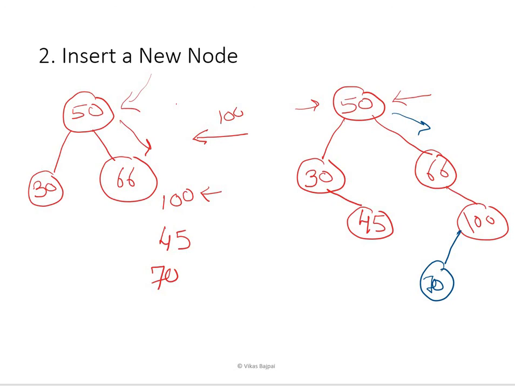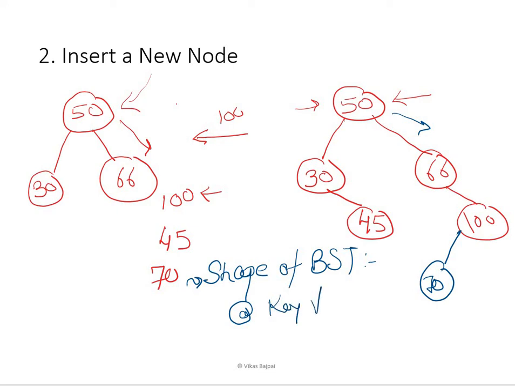Now, keep two things in mind which we have already discussed in our previous video, that the shape of my binary tree, BST, depends on first, the key values, second, the order of insertion.